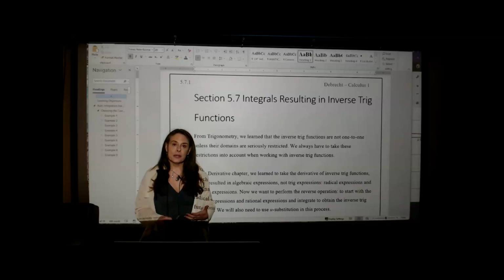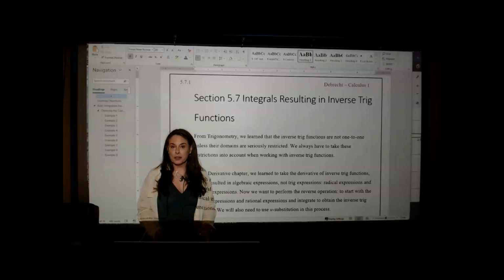When we're doing this, we're going to be undoing that derivative operation, which means in the beginning, the integrand function will not look like a trig-related function. Instead, it will be either a rational function or a fraction with a radical in it. And under the radical, we'll have two terms, either added or subtracted together.